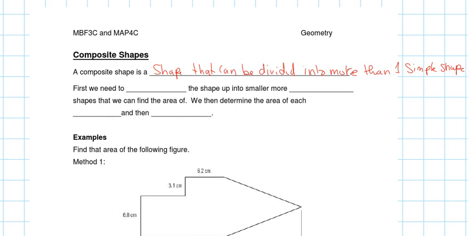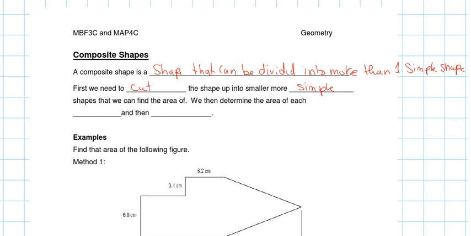First, you need to cut the shape up into smaller, more simple shapes that we can find the area of. Because on your formula sheet, there is the area of a circle, trapezoid, triangle, parallelogram, rectangle.